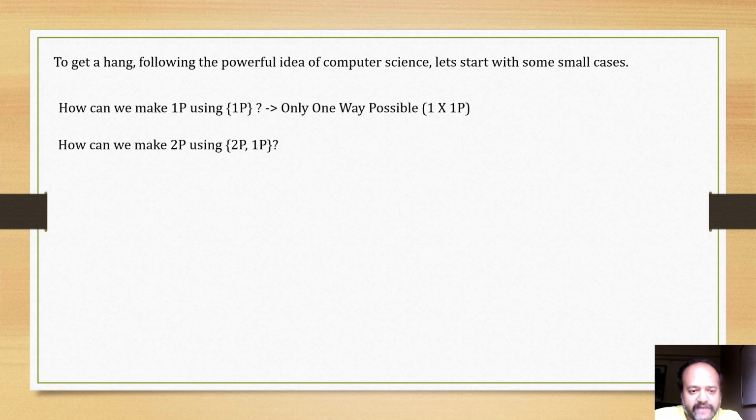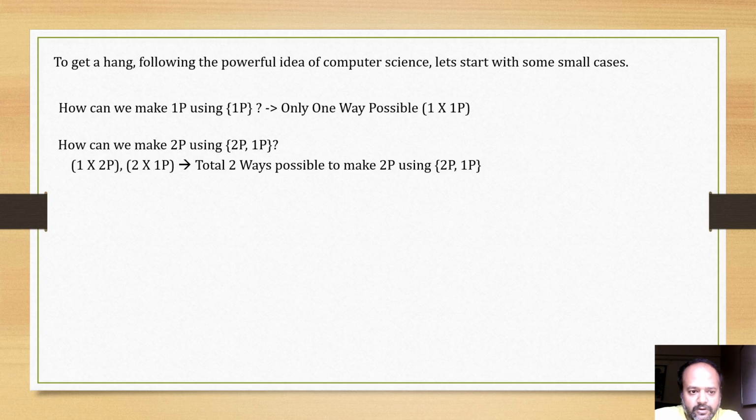Now, how can we make 2 paisas using 2 paisas and 1 paisa? You could take 1 of a 2 paisa, that's one possible way. You could take 2 1 paisas, that's another way. So totally there are 2 ways possible to make 2 paisas using 2 paisas and 1 paisa.